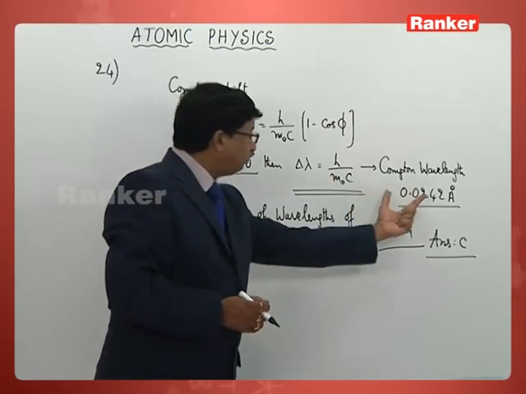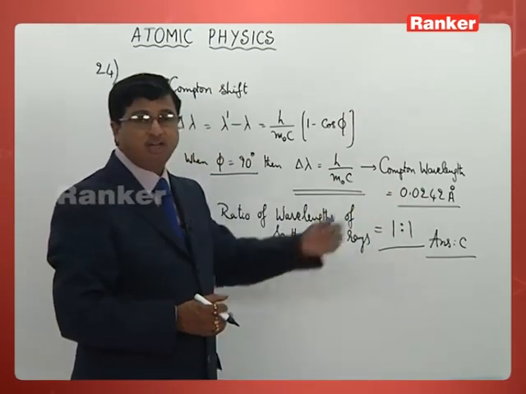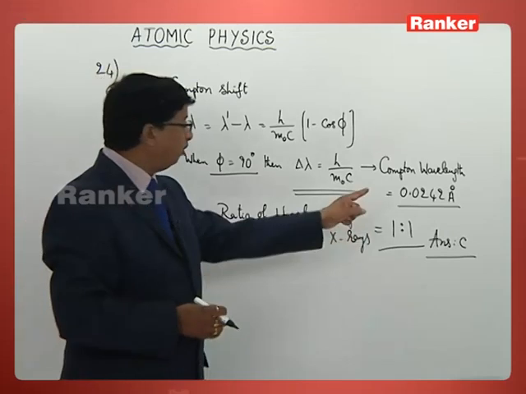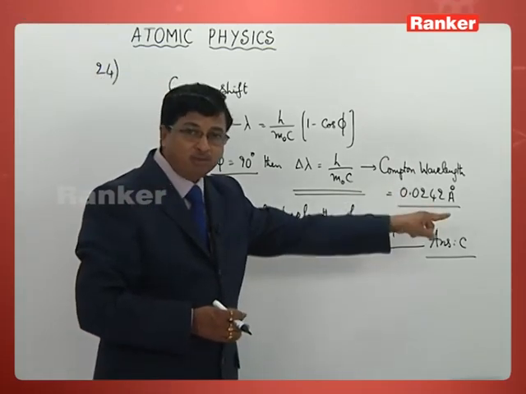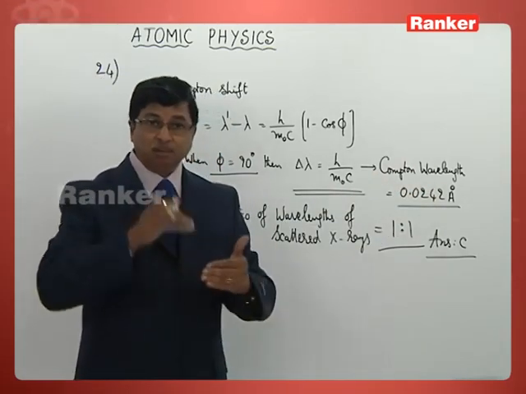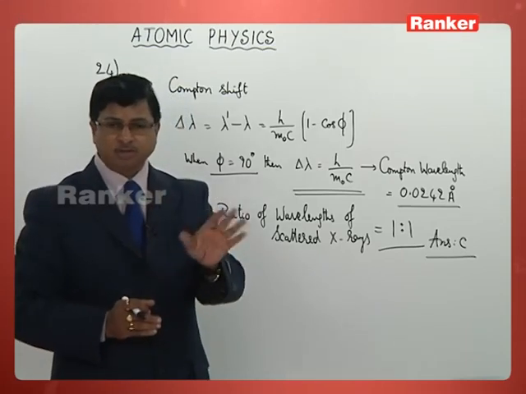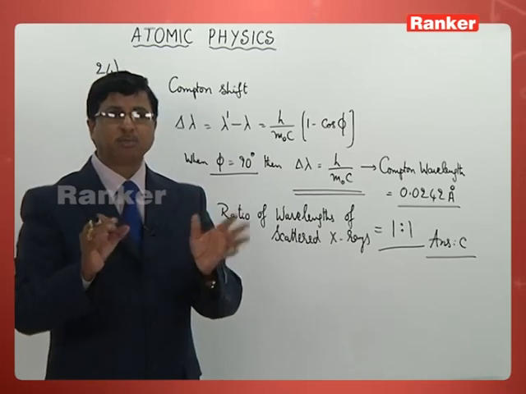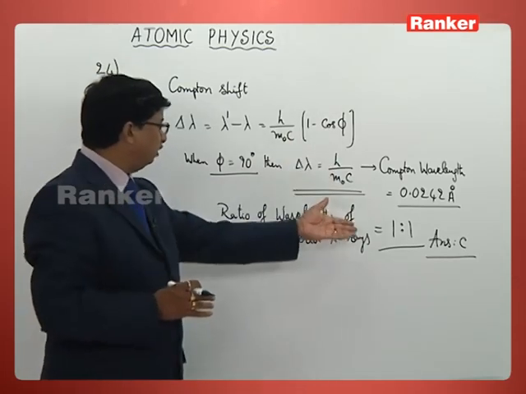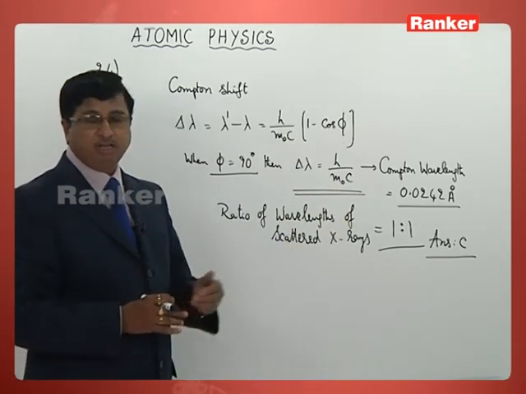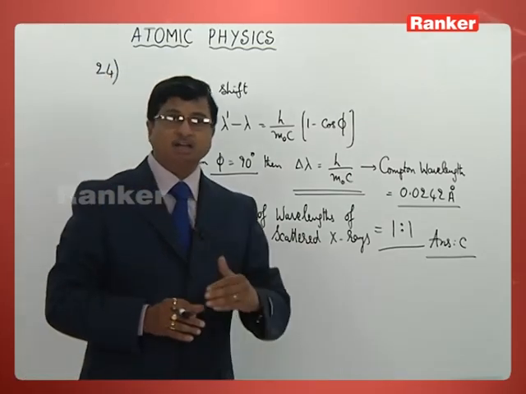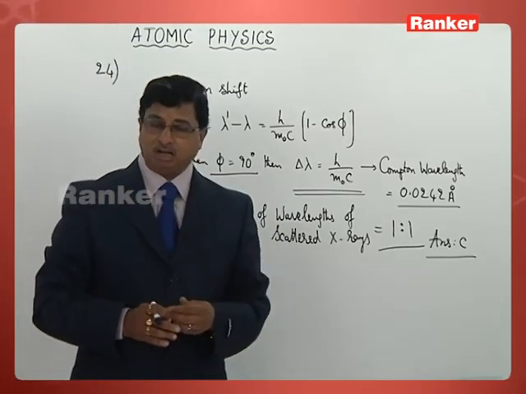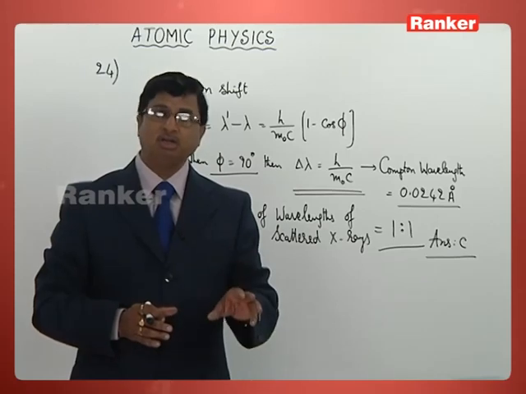That will be twice this value, which means 0.0484 angstroms. That is called the maximum Compton shift. Of course, that has not been asked in this problem. Just remember that point. So you can understand there will not be any dependency of this wavelength on the material of the scatterer that has been used in the Compton effect.